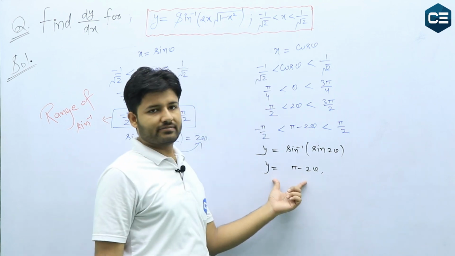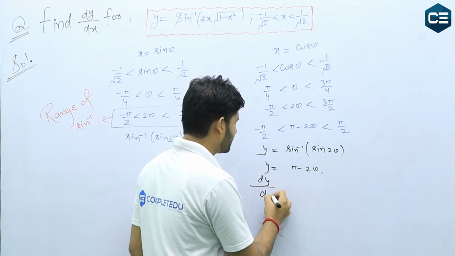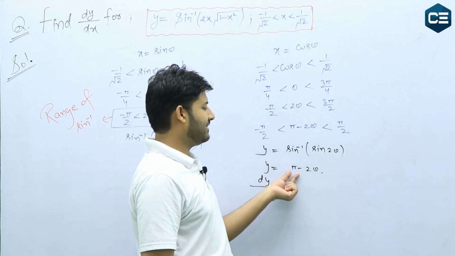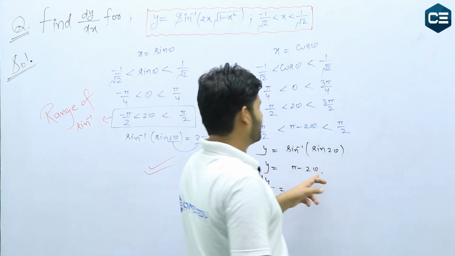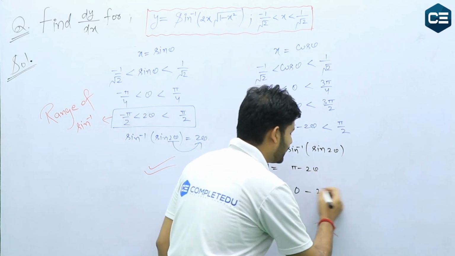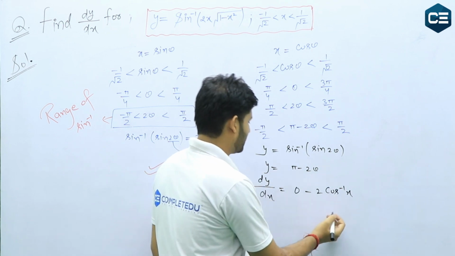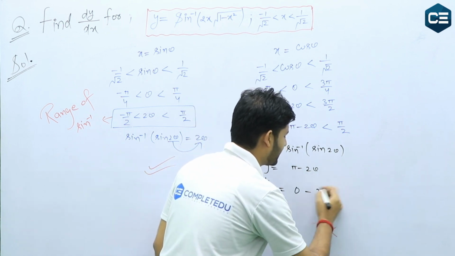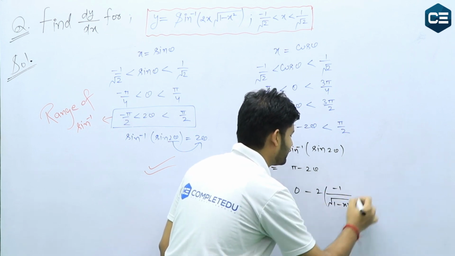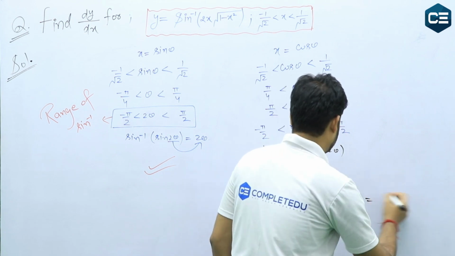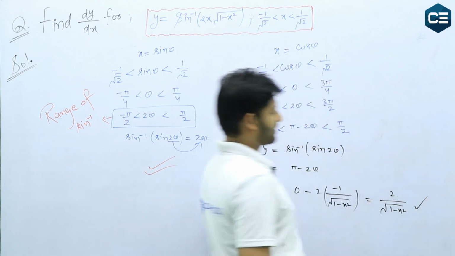Now we will differentiate this with respect to x on both sides and we get the right answer. dy by dx equals the differentiation of pi, which is a constant, so it is 0, and negative 2, and obviously we get the value of theta here as cos inverse of x. Sorry, on differentiating we get negative 1 over root of 1 minus x square, which gives us 2 over root of 1 minus x square, which is the right answer.